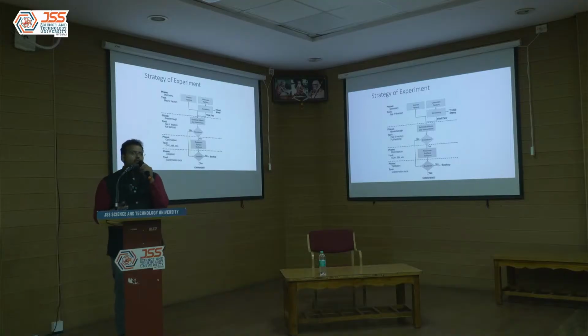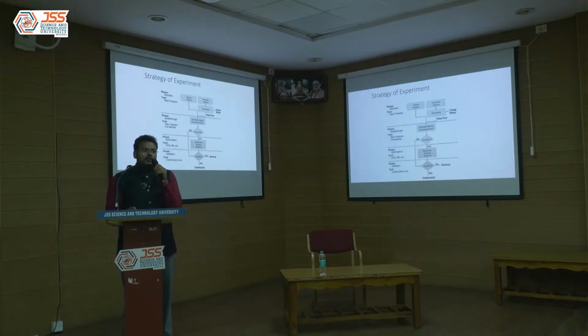Whatever experiment we do, the strategy of experiment is important. Before going to the ML approach, we make sure that we have done the full factorial experiment or the design of experiment, and then generate the relation between the parameters and the responses, and have some ANOVA analysis and then regression analysis, before we apply any other algorithm.